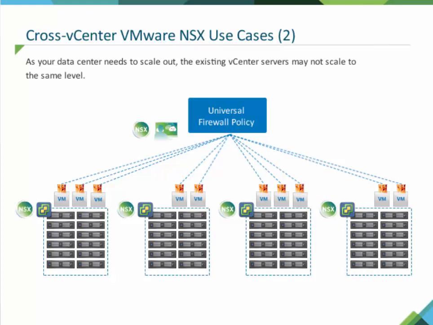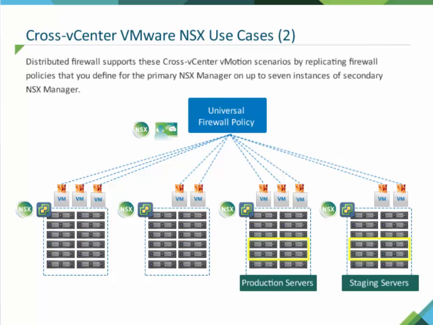Alternatively, you may need to move applications from staging servers to production servers in an environment where staging servers are managed by one vCenter server and production servers are managed by a different vCenter server. Distributed firewall supports these cross vCenter vMotion scenarios by replicating firewall policies that you define for the primary NSX manager on up to 7 instances of secondary NSX manager.